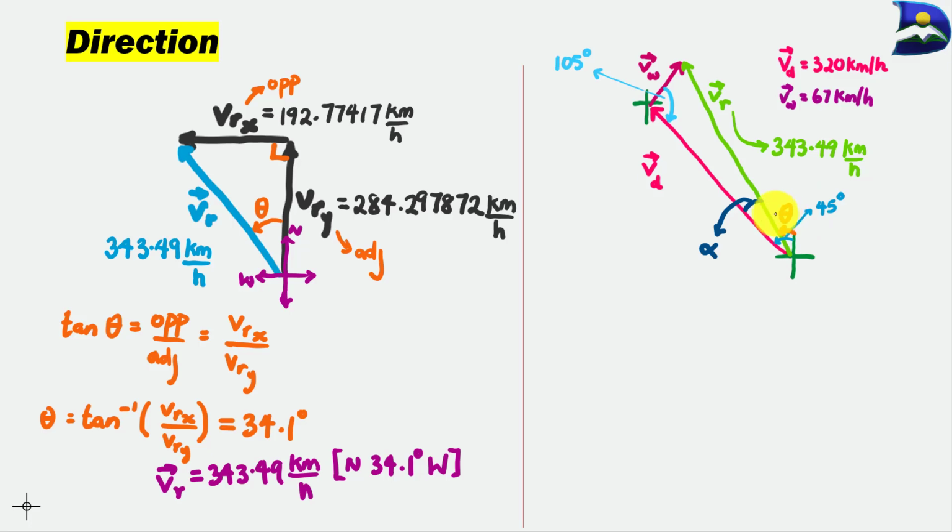And to do this, all we have to do is develop a strategy which is called the sine rule. Of course, why? Because we are not dealing with a right angle triangle, we're dealing with an obtuse angle.